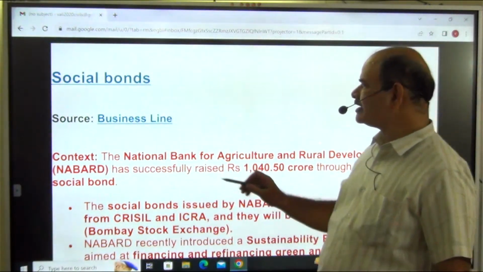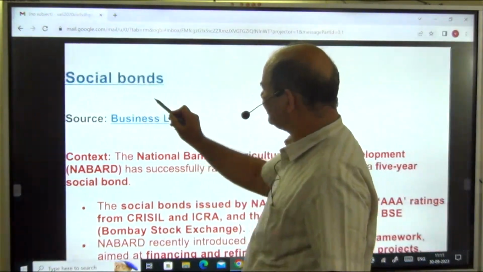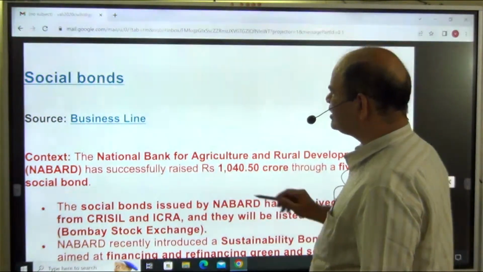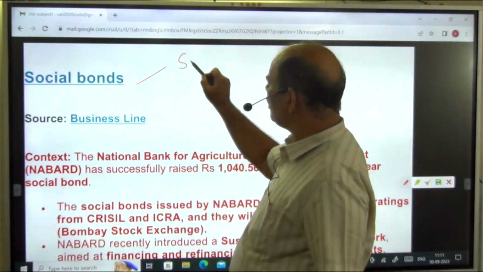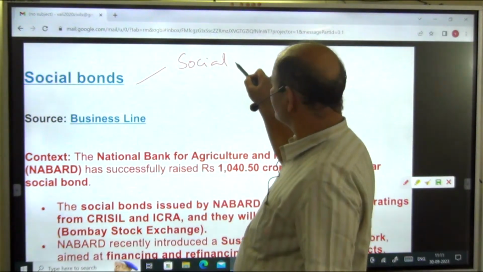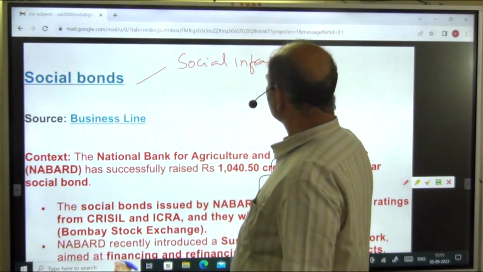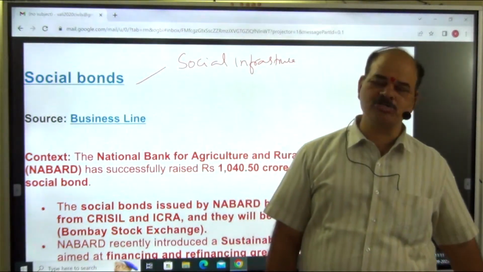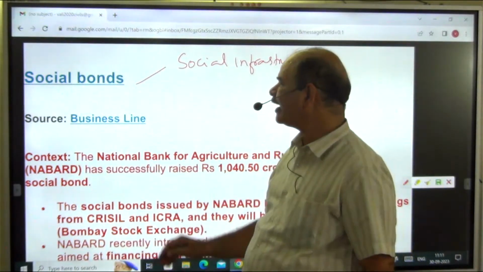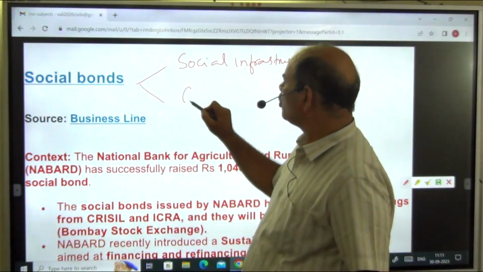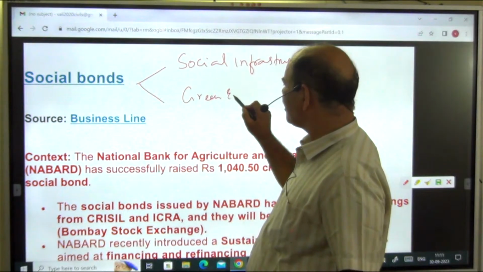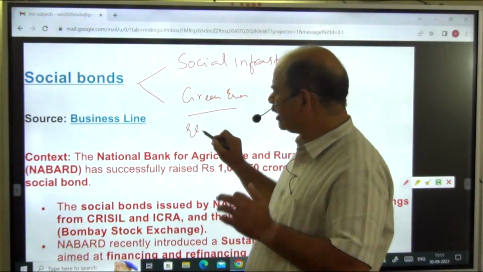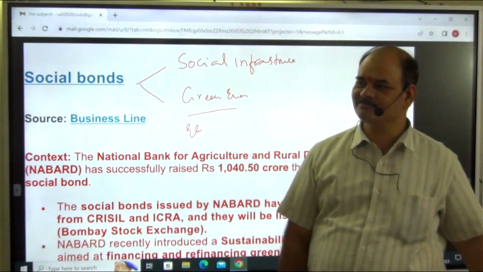So, what is the aim of these social bonds? They will extend finance to the organizations who are involved in creating social infrastructure, like L&T laying roads, bridges, etc., and also green energy, or the companies who are taking measures to conserve the ecosystem or ecology.